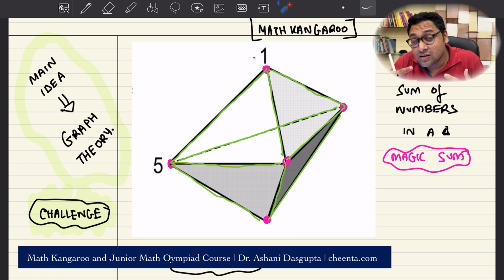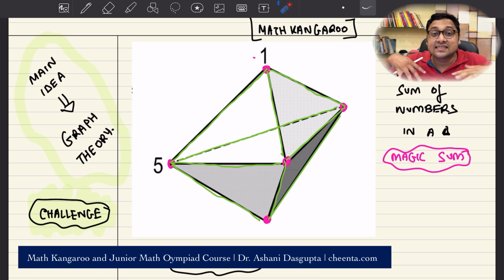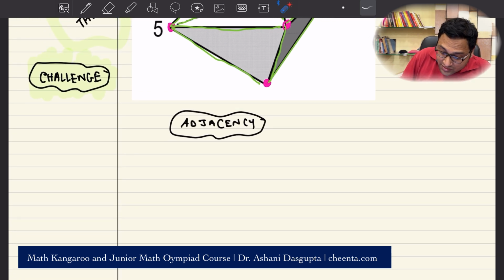Now, it turns out graphs have many beautiful properties, and they can be used to model the world around us, at least some part of the world around us. For example, think about a railway network.